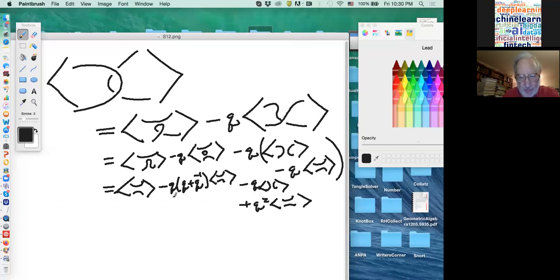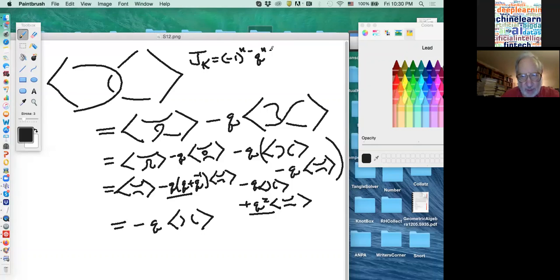And if life works out well, the plus and minus q squared, plus q squared, minus 1 plus 1, all canceled, and we got minus q times this. And of course, one of these is plus and the other is minus, and you can check that this gives invariance when we take the normalized formula. I leave it to you to check. Minus 1 to the n minus, q to the n plus, minus 2n minus, times bracket normalizes it.